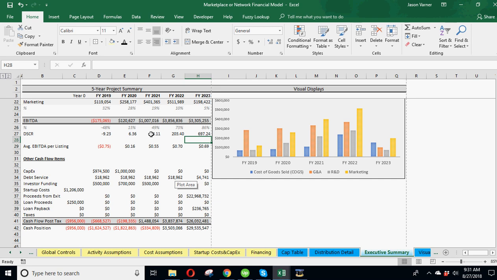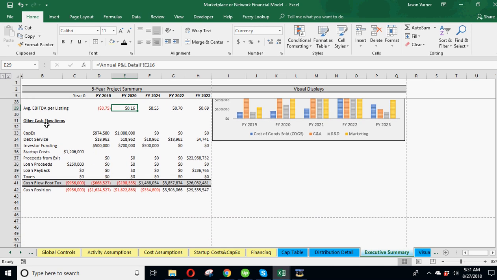Then the debt service coverage ratio, which is basically what your EBITDA is relative to the amount of debt you have to pay. Then you've got average EBITDA per listing. Based on the total listings for that year and the EBITDA made in that year, this is how much EBITDA you're making on every listing. And it's negative, obviously, because EBITDA is negative.